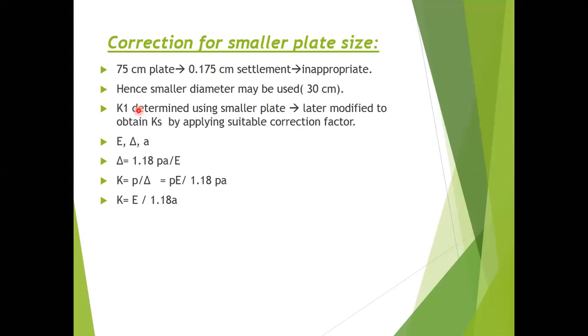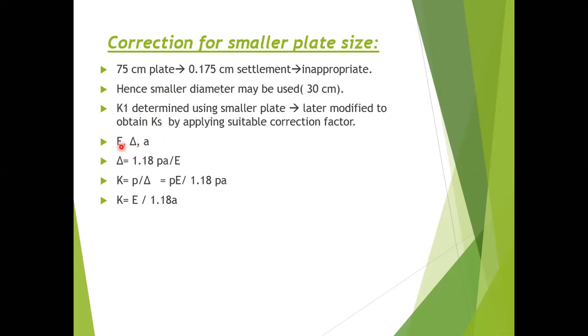Later, if you know this K1, you can find out Ks, the modulus of subgrade reaction for the 75 centimeter diameter plate. First you conduct the test on the 30 centimeter plate and find K1. If you know K1, you can convert that value into Ks. These are the data which you require.